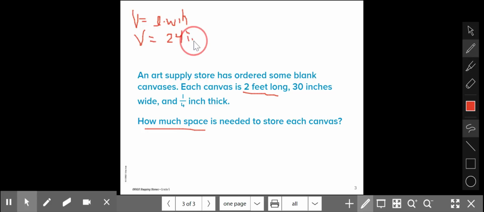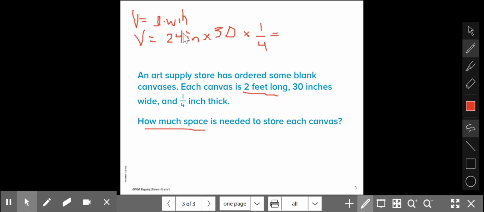We have 24 inches. That's our length. Our width is 30 inches. And our height, I guess you'd say, is 1/4. So we're saying 1/4 of 30 times 24. Okay.